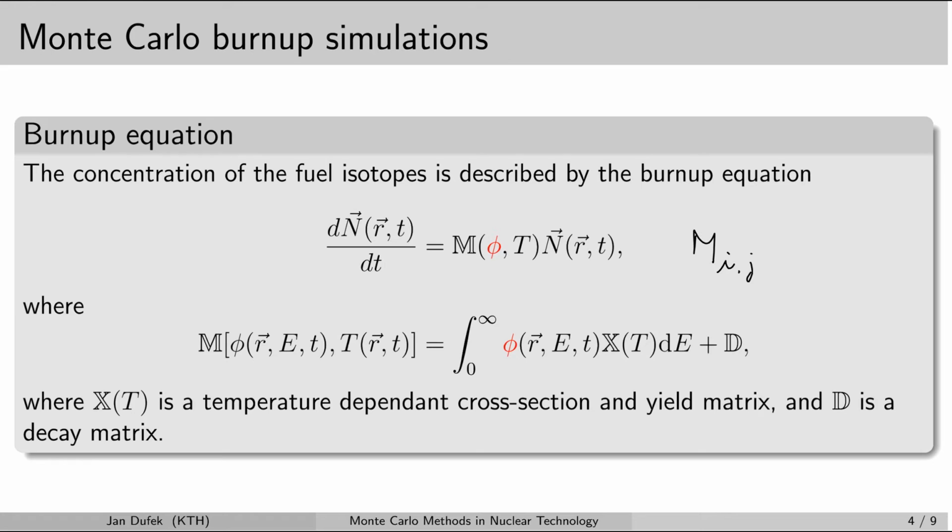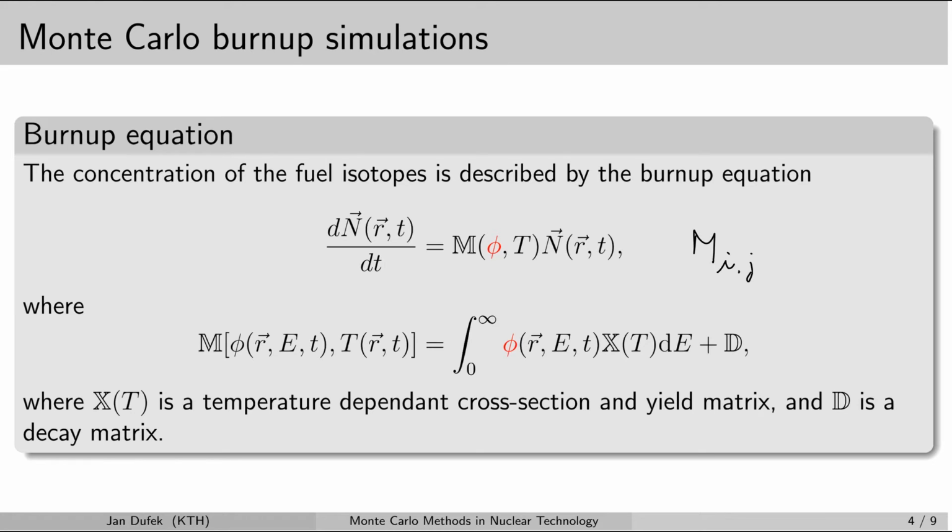Now for us it's very important to notice that the transmutation matrix is dependent on the neutron flux. So that is coming from this formula here. So that introduces a dependence of the time change in the nuclide field on the neutron flux distribution.